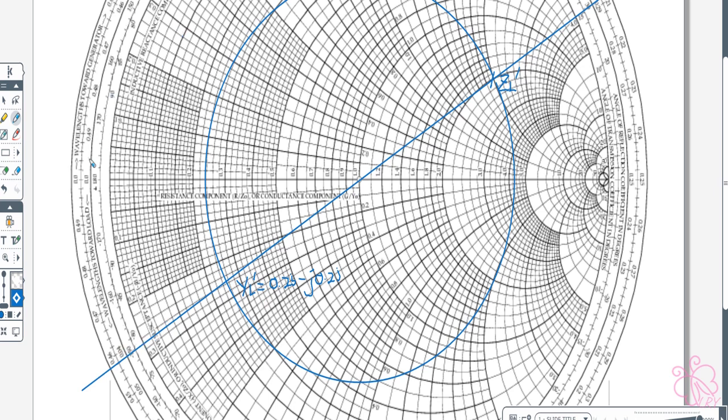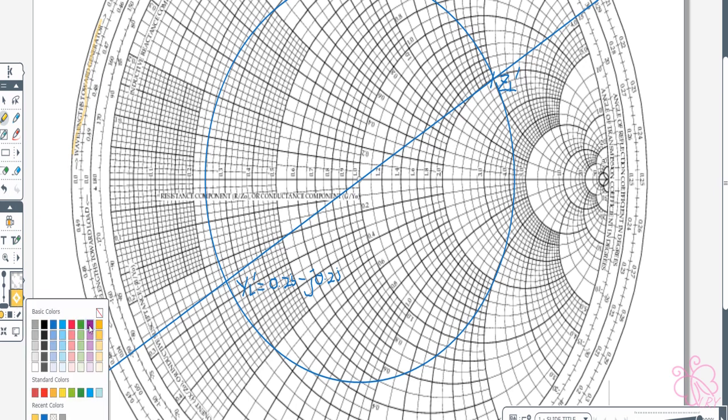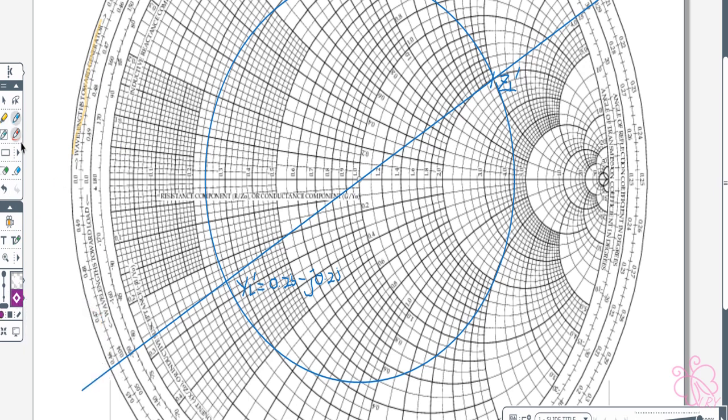We were told to use wavelength towards generator, so we have to see where our YL prime is. For wavelength towards generator, we read the outer part of the scale. This one is 0.45, this one is 0.46, so I can say it's at 0.468 lambda.